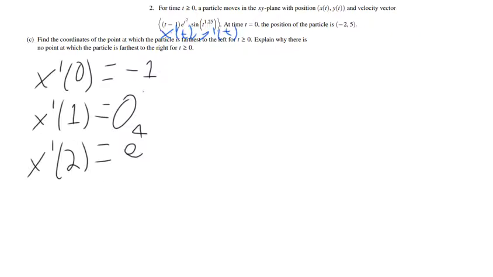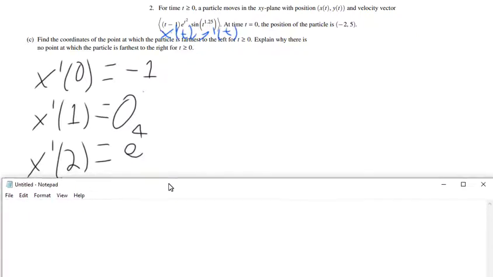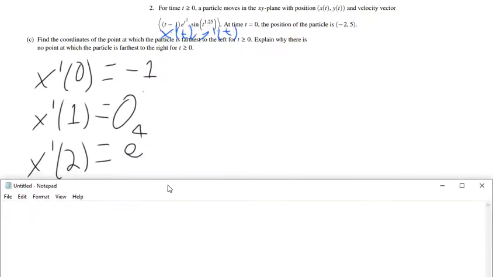So I'm going to pull up my notepad. Again, on the exam, you have to handwrite all this, but since it's kind of hard to write on the computer screen, I'm going to do a little typing. So there is no point at which the particle is farthest to the right because x of t has no maximum value.